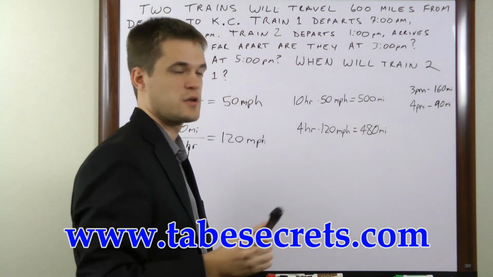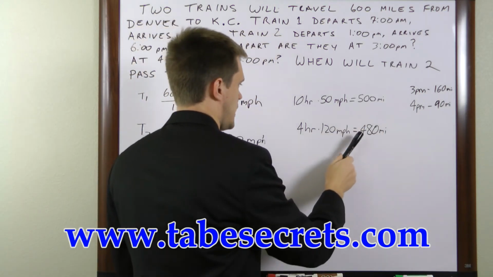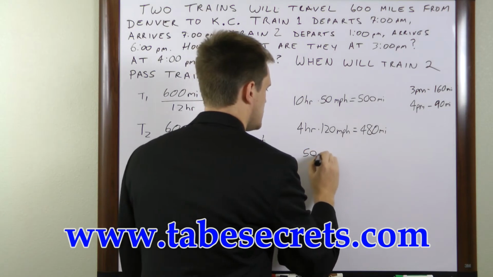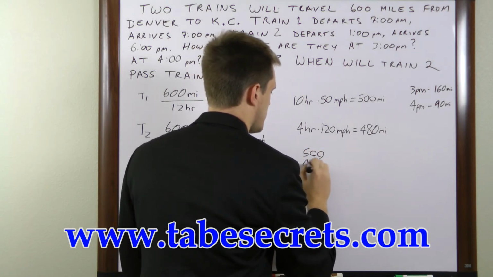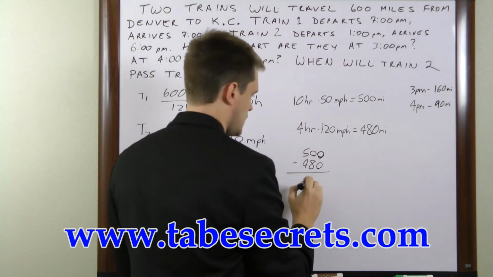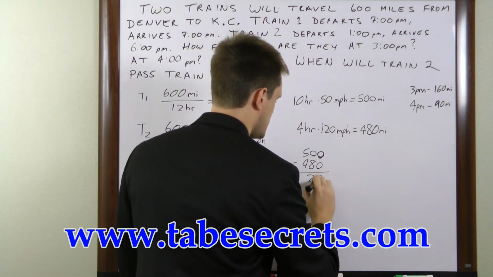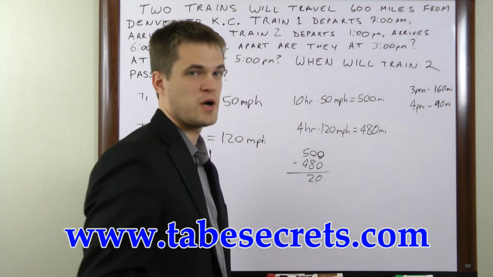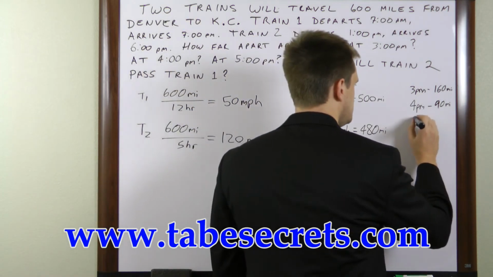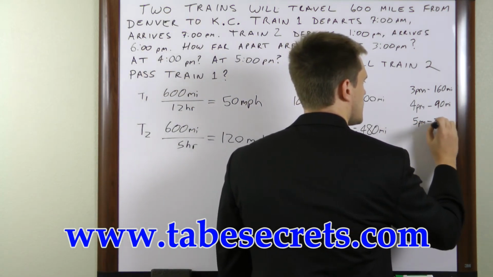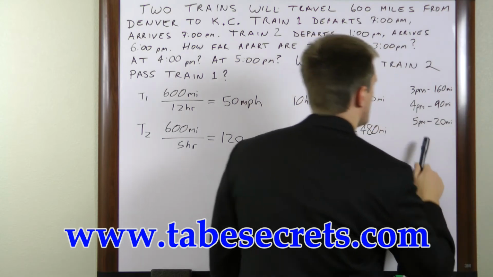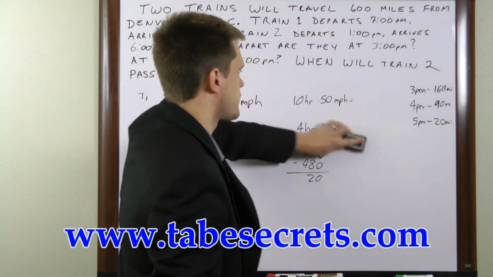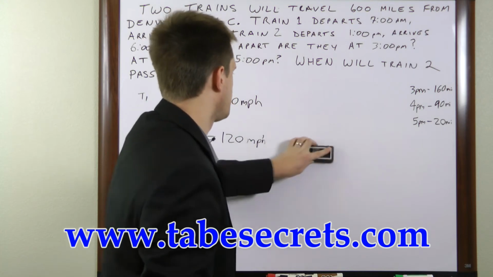So now these two trains are getting closer. 500 minus 480 is just 20 miles apart. So at 5 p.m., they're only 20 miles apart. All right, so we've answered now 3 of the 4 questions in this problem.